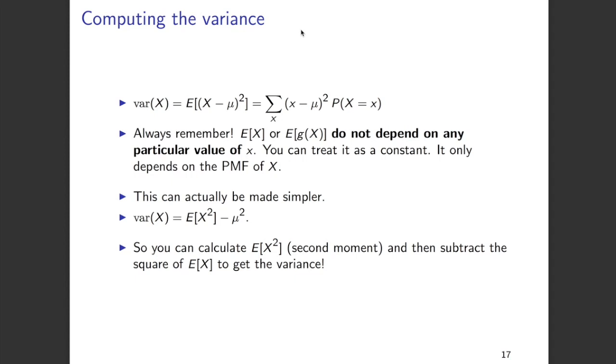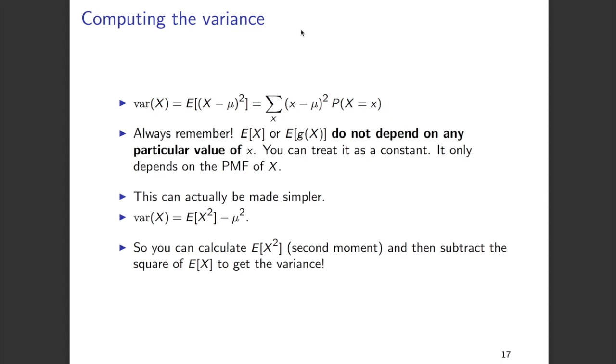Now the important thing that you have to remember is that expectation does not depend on the particular value of small x that the random variable capital X can take. Expectation is a number and it's a constant.